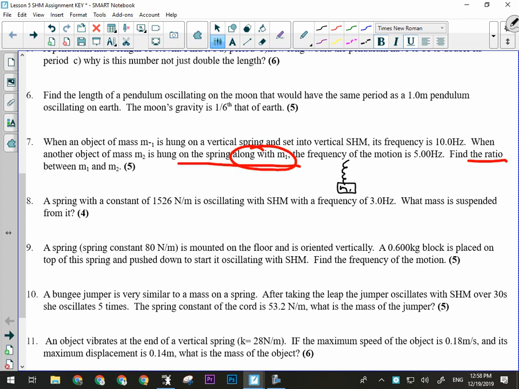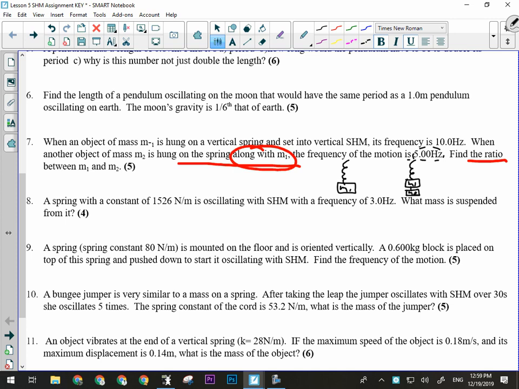Then another object is added to that system. The second situation is the same spring, but now there are 2 masses, mass 1 and a second mass. Same spring, but now there's more mass. When that is the case, the frequency is reduced to 5 hertz.